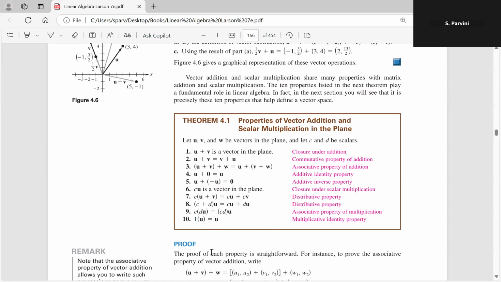Everyone okay on these properties, I hope? We're good. Okay. Now that we have seen these, remember, this is in the plane, by the way. We're looking at R2. Everything that you just saw is in R2.